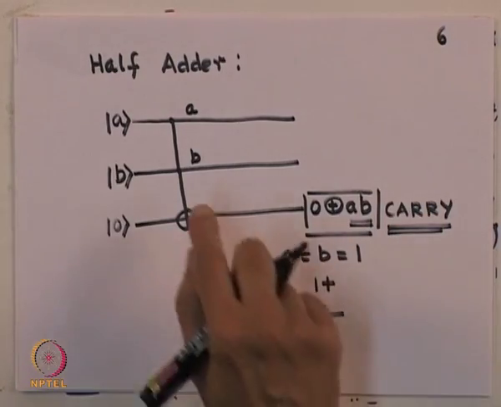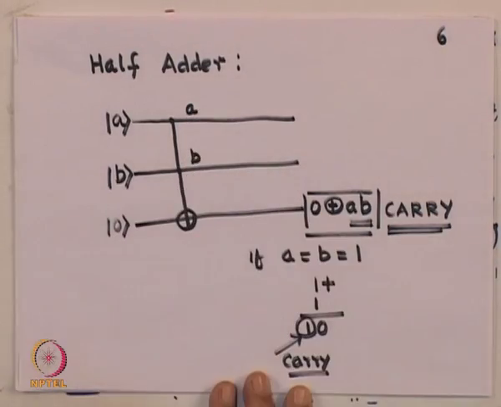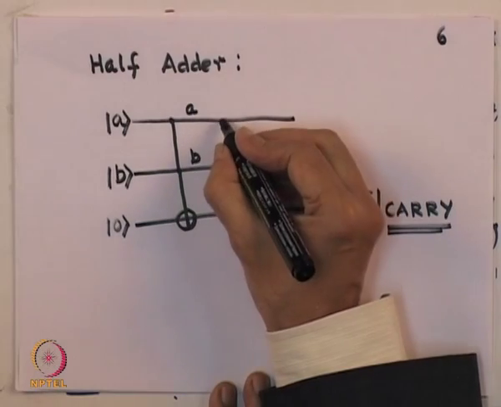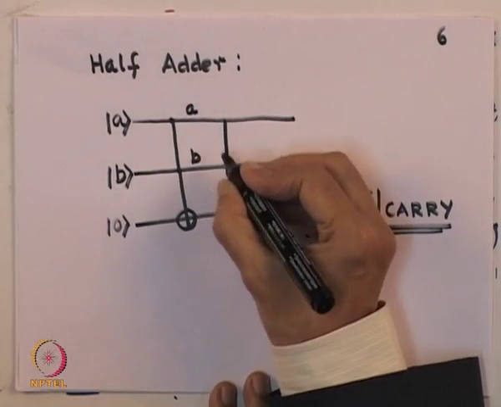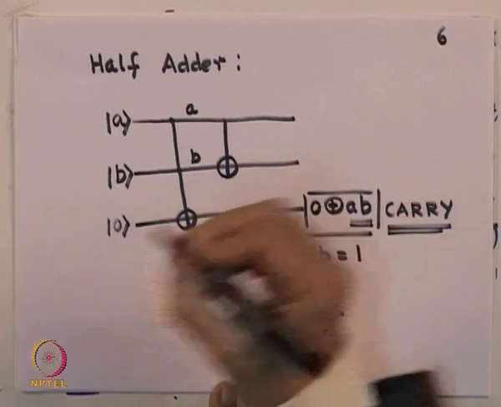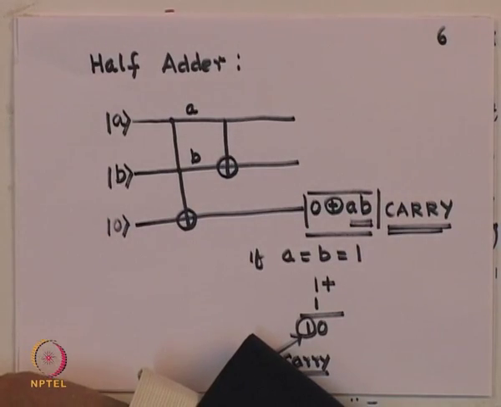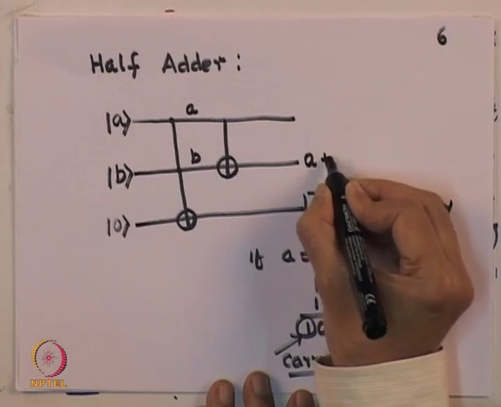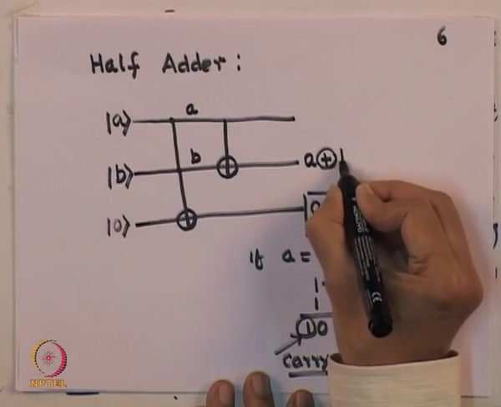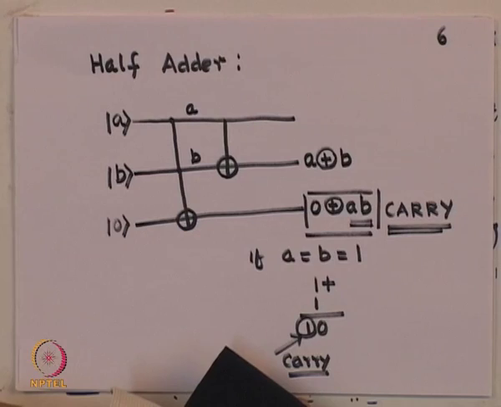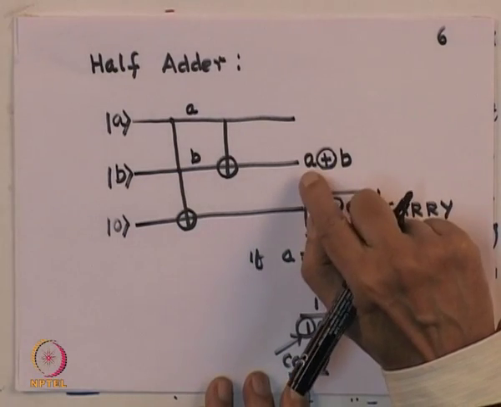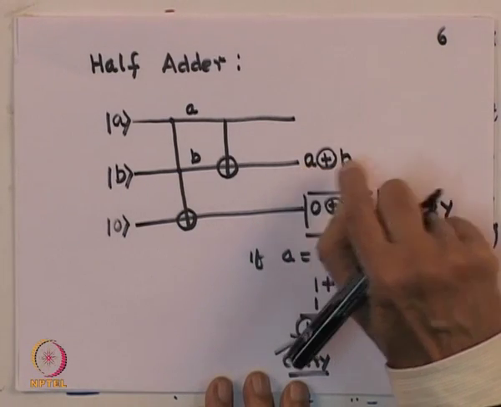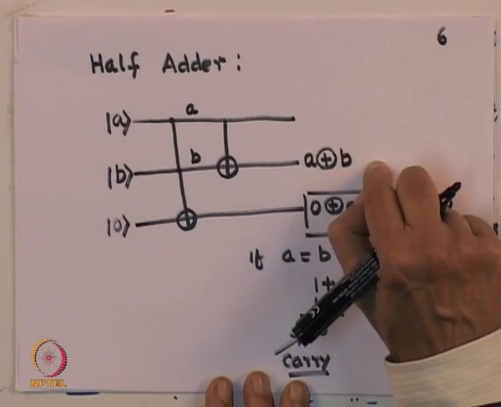But notice what is happening here. This is still A and this is still B. So supposing with A as the control and B as the target, I apply a single CNOT gate. Now this is nothing but A XOR B. So when A is equal to 0 and B is equal to 0, I of course get 0.